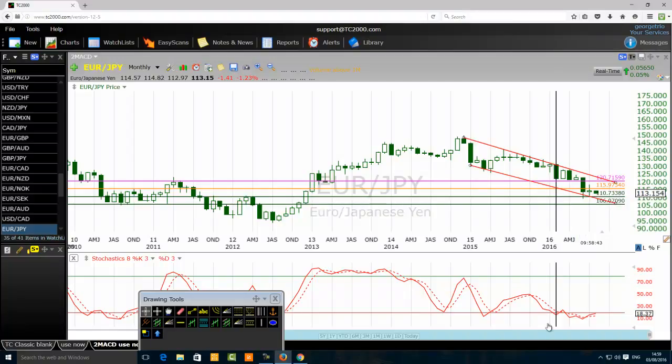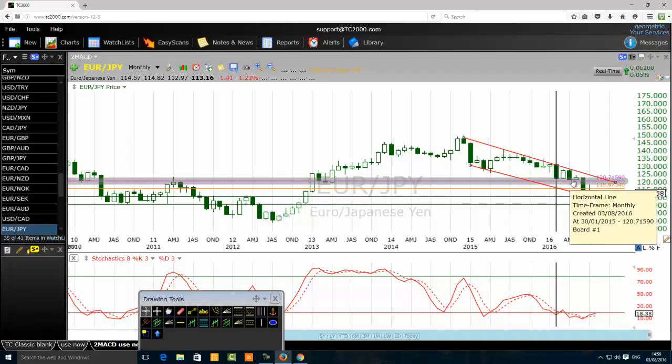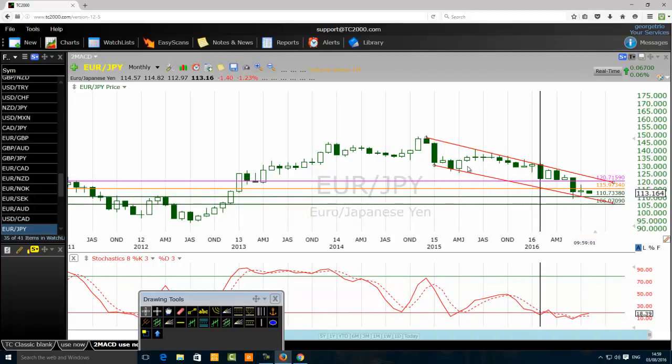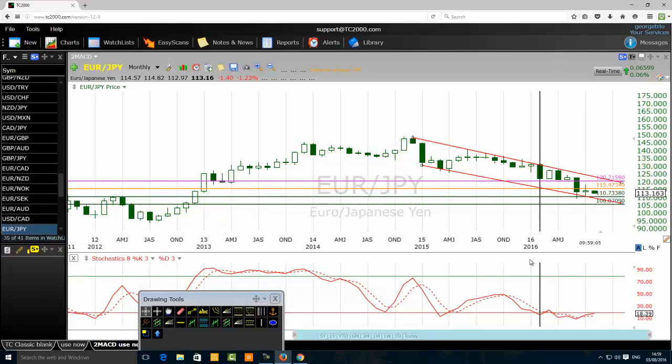You can see that the stochastic is still oversold, which means the price broke below the first support level. When the stochastic stays oversold for a long time, it means that the price is breaking below support levels. Once again, because we are in a declining channel, the priority should be to sell.